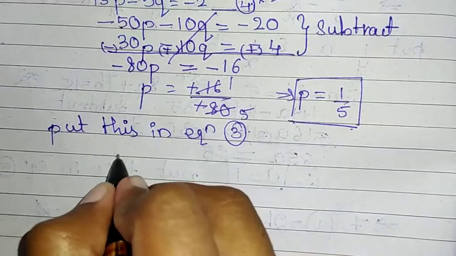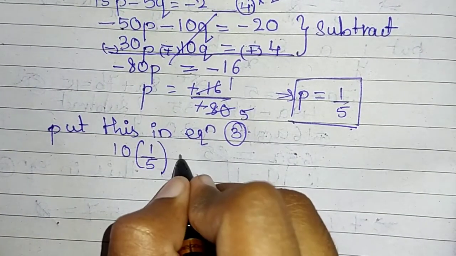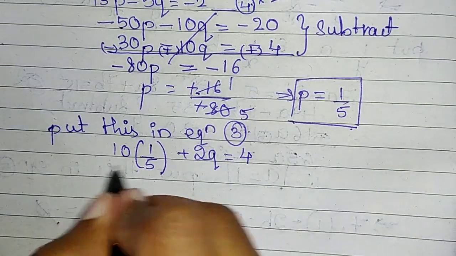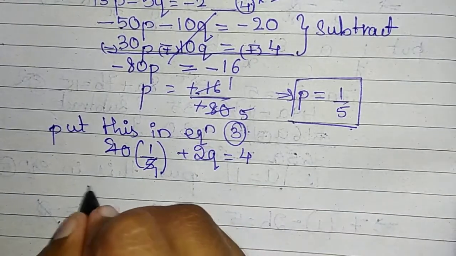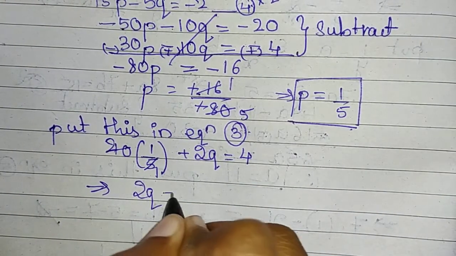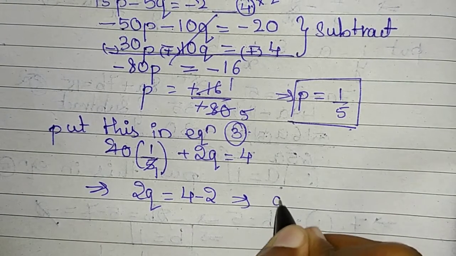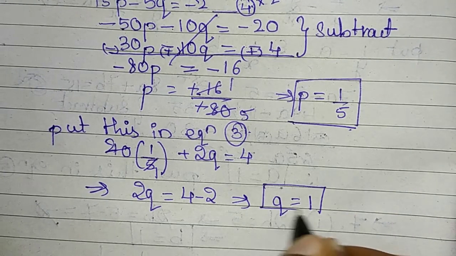We get 10 into 1 by 5, because it is 10p plus 2q is equal to 4. So 5 twos are 10, this implies 2q is equal to 4 minus 2, which implies q is equal to 1. This is the value of q.